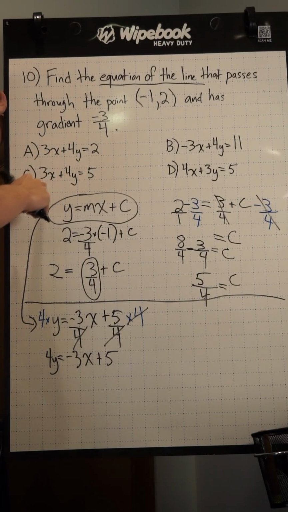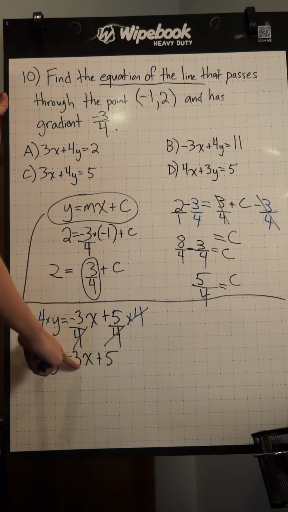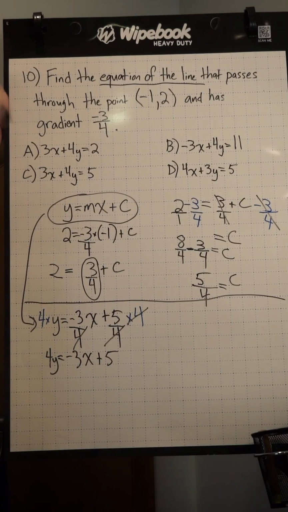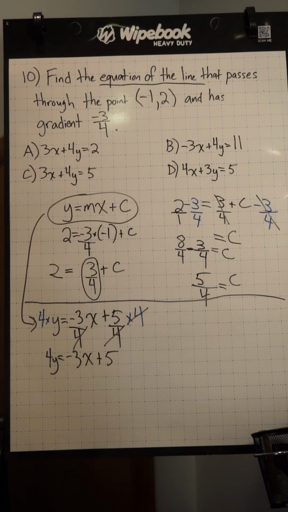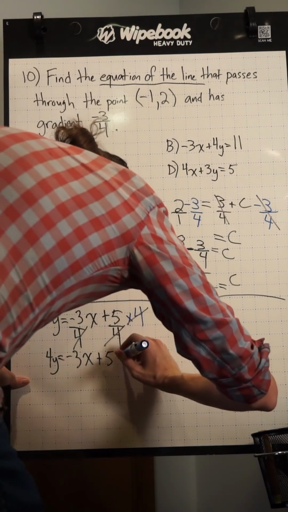But if we look here, we have both the x and the y on the same side. So let's go ahead and do that here. We need to transpose the minus 3x to this side so that it looks the same as these ones. Okay, so to transpose minus 3x, what is the opposite of minus? It is plus, right? So we want to add 3x on both sides.